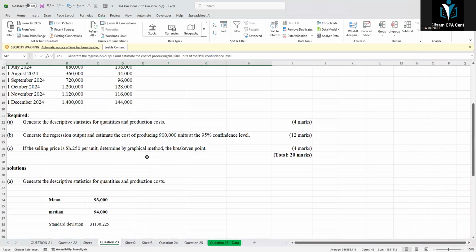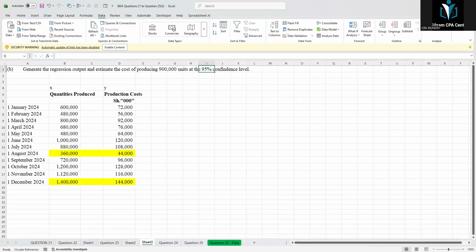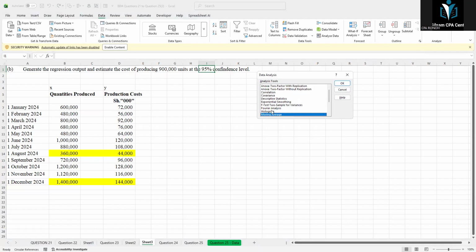It was the first part. Yes, this one, to generate the descriptive statistics. You can also get exponential smoothing, histogram, random number generation, percentile, regression, and sampling.